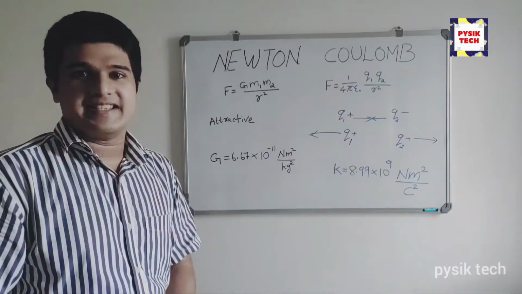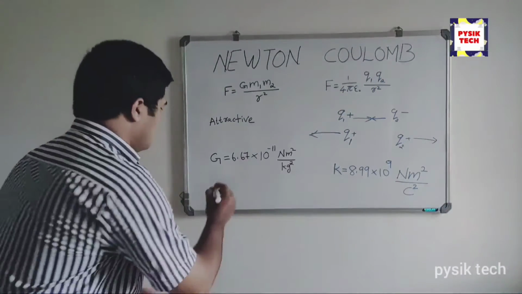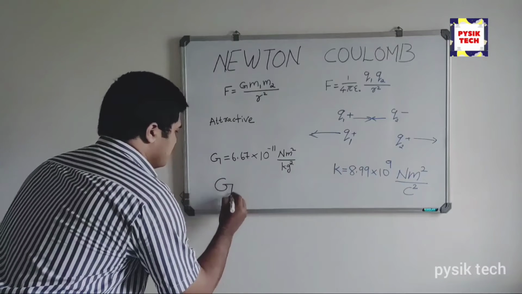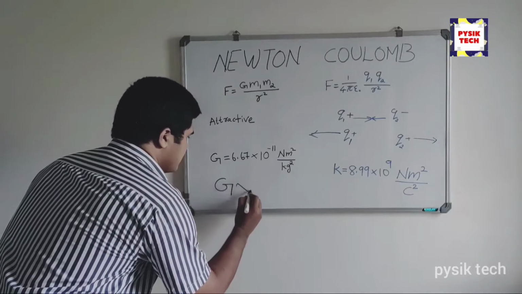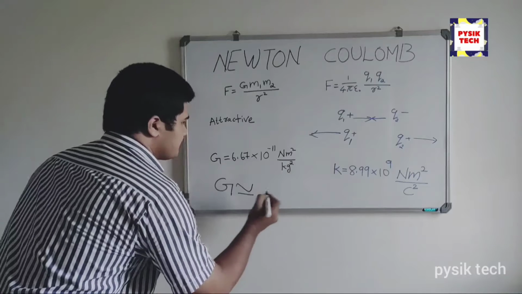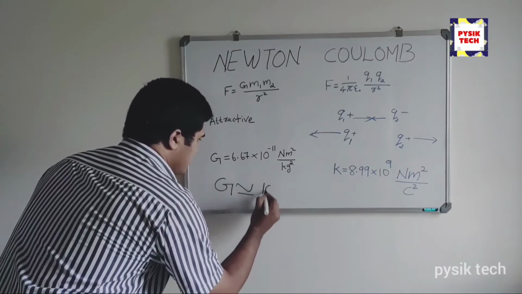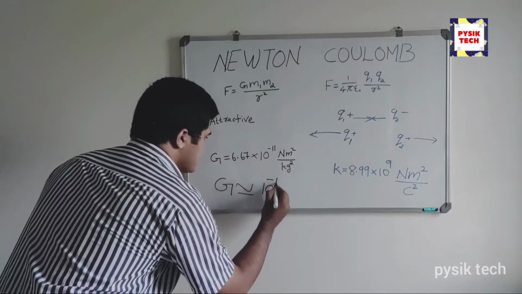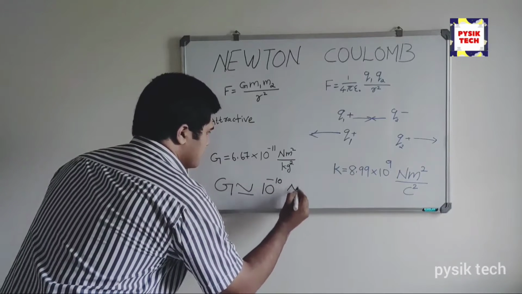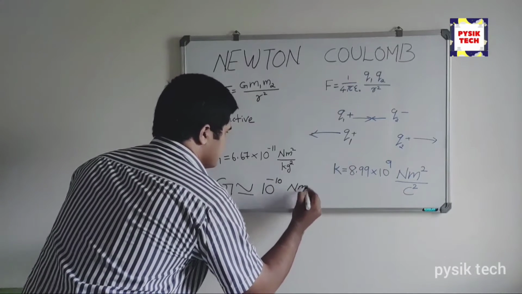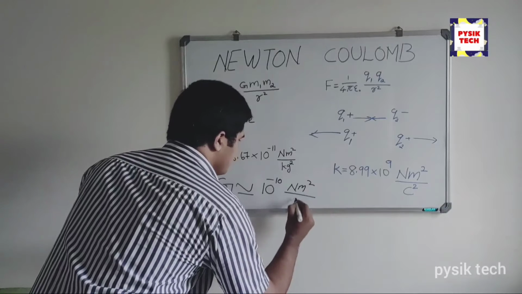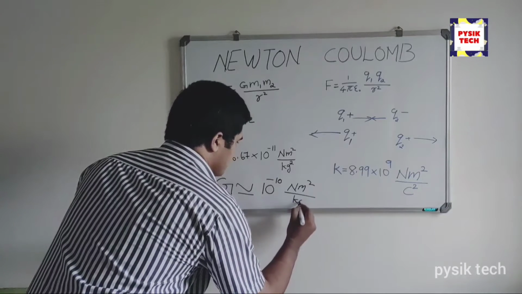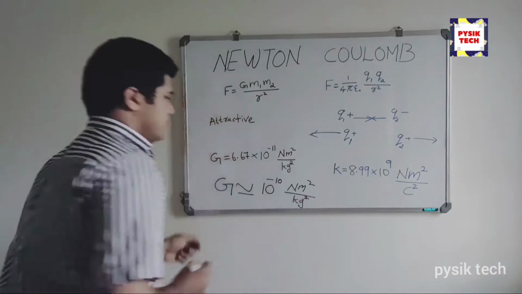The value of G is approximately equal to 10 power minus 10 Newton meter square per kg square.